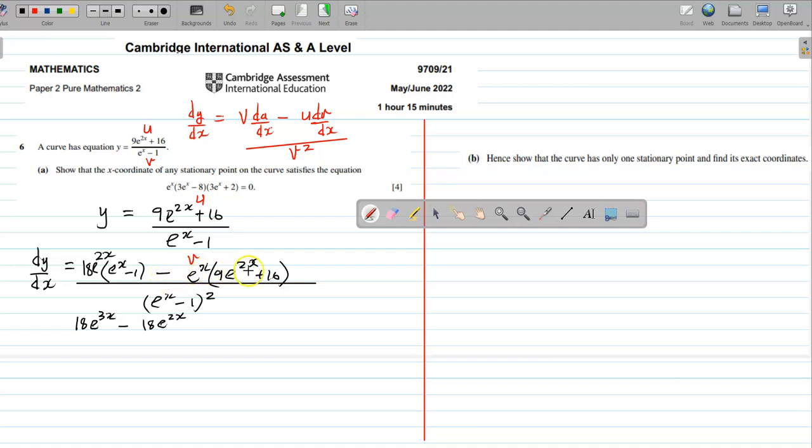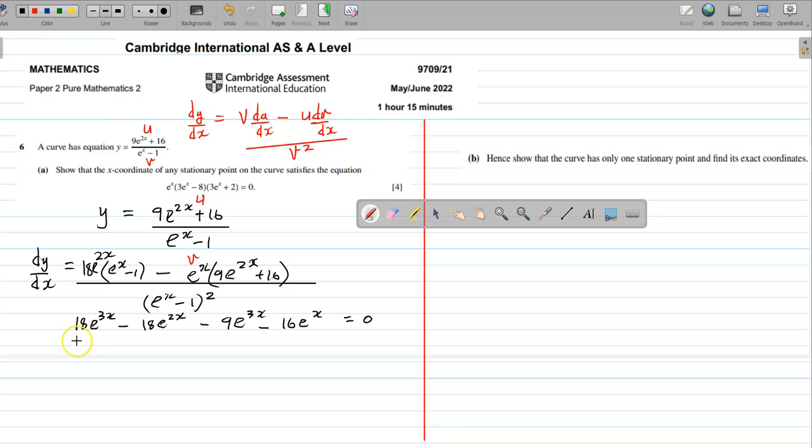And let's distribute this now by minus e to the x. So minus e to the x times 9 e to the 2x is going to give us minus 9 e to the 3x. And that would be minus 16 e to the x. And that equals 0.